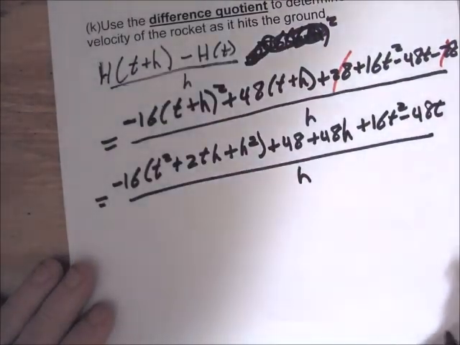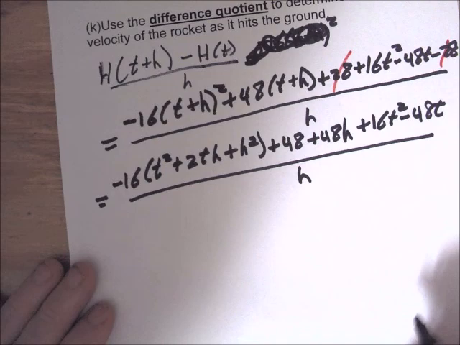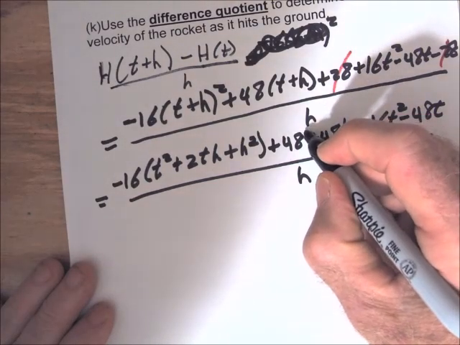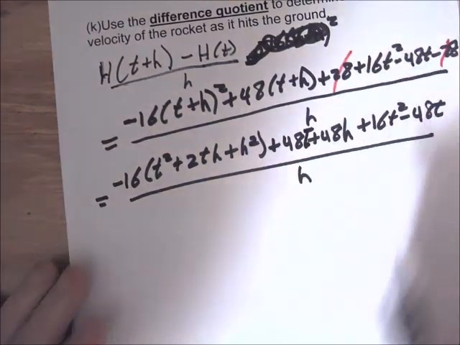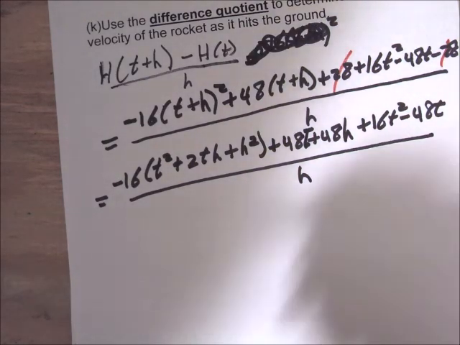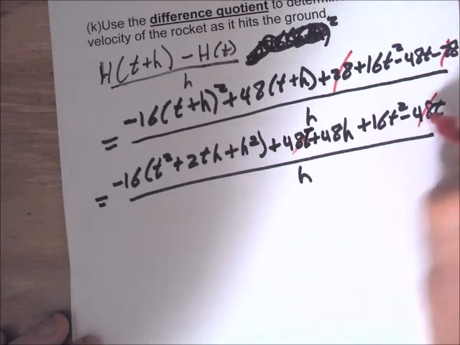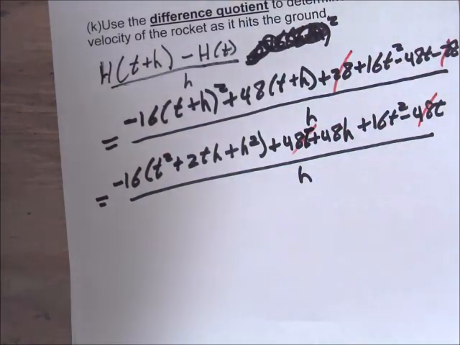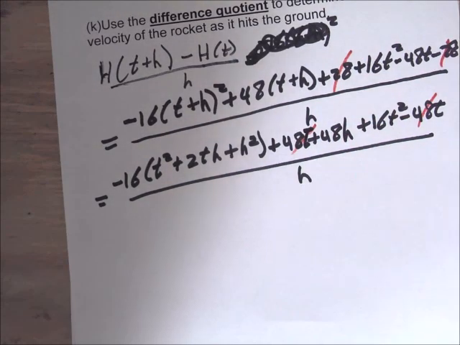Okay, so this is 48t. I left off the t here. So the 48t's will cancel. And we can distribute the minus 16.